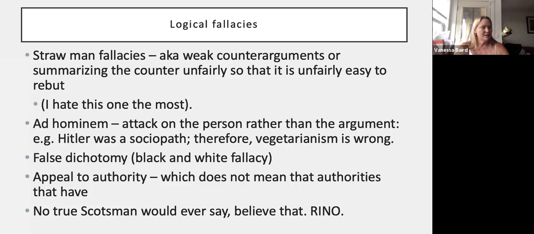Oral arguments are pure theater, and they want the strongest argument presented. I went to a lecture Justice Thomas gave one time, and he said the very first brief he reads when he has to decide on a case is the ACLU brief, because he knows that the ACLU is putting forth the strongest brief.